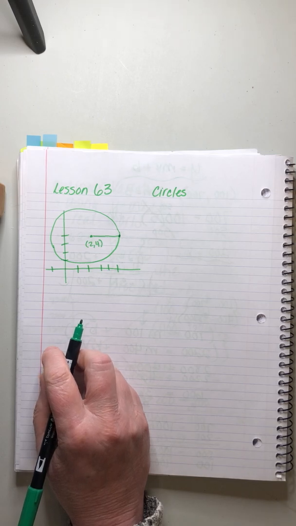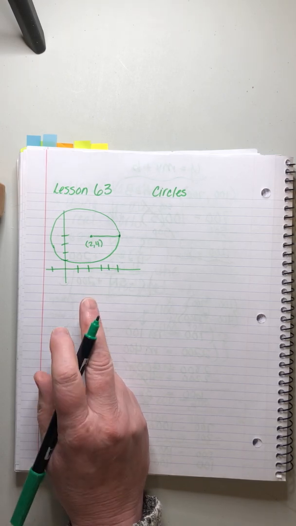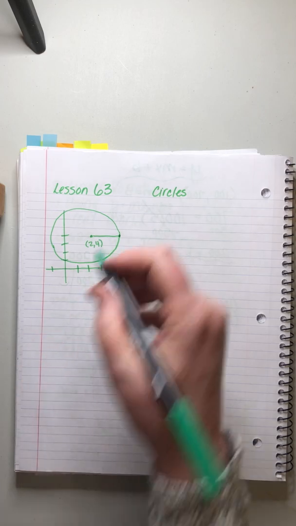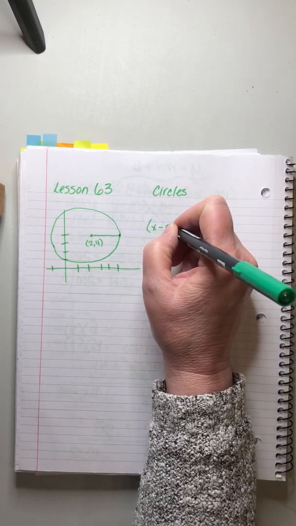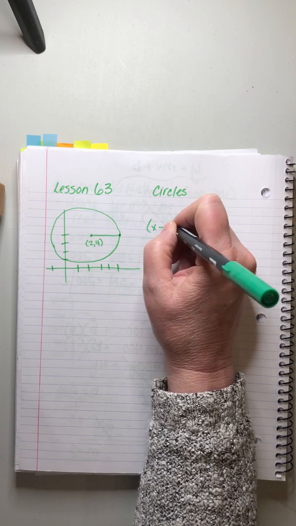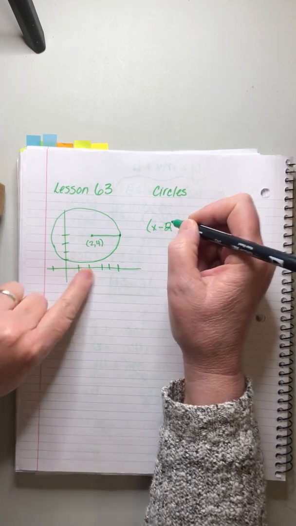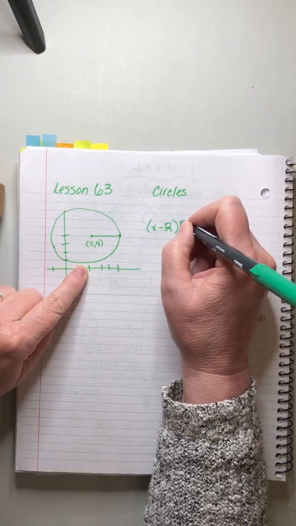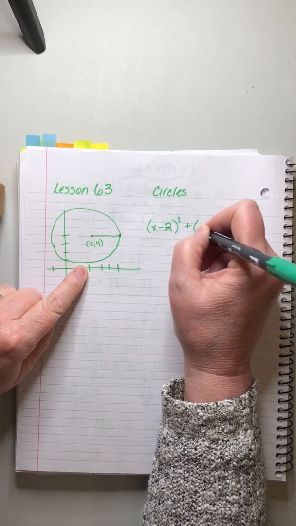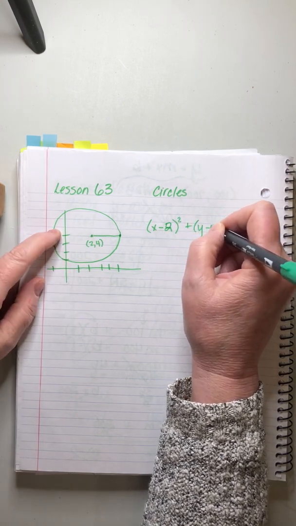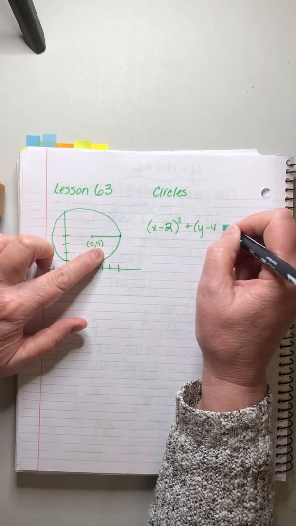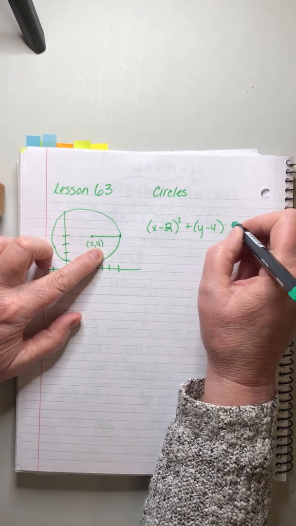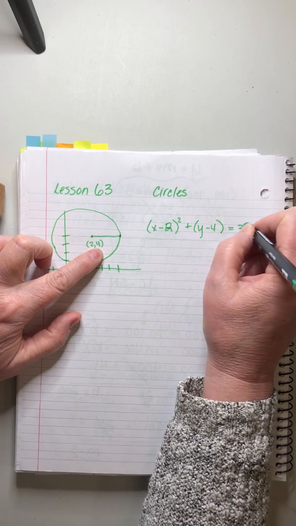correct. And the standard form, the equation of this, would be (x minus 2), sorry, 2, because this is 2, quantity squared, plus (y minus 4), right? That's the y value, squared, equals 3 squared.